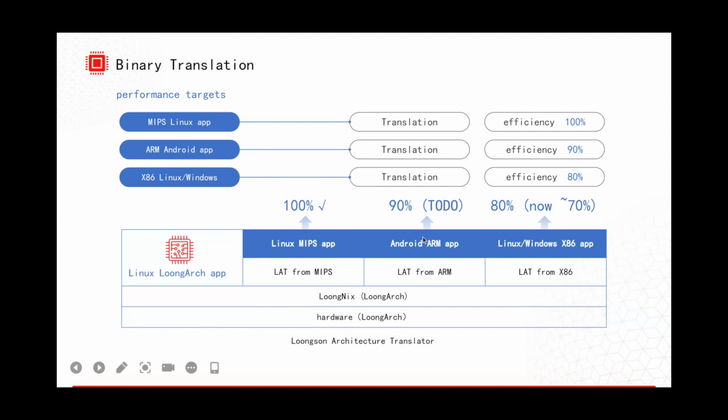The target will be 90%. For x86 translation, the efficiency is targeted at 80%. Now it's close to 70%. We're still improving it.